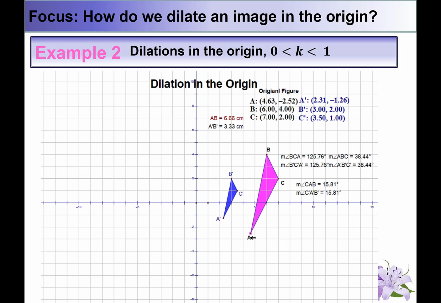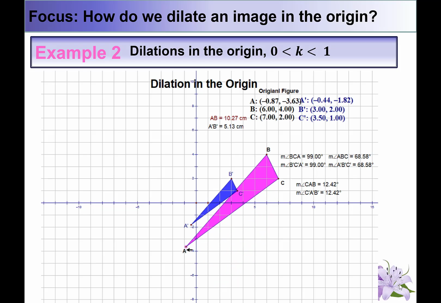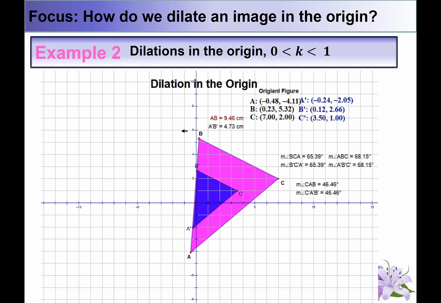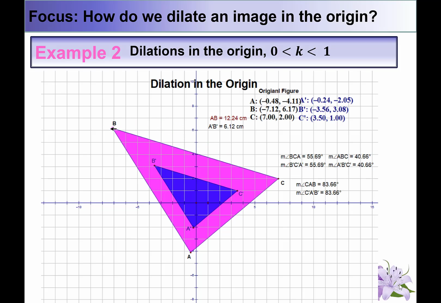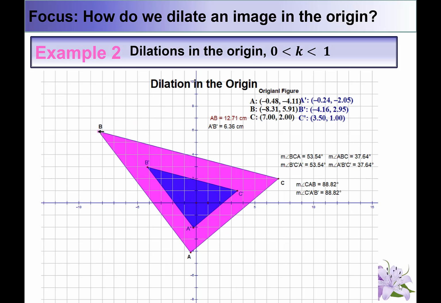You can bring it down here. Here we have the dilated image now within the original image because we are crossing through the origin.